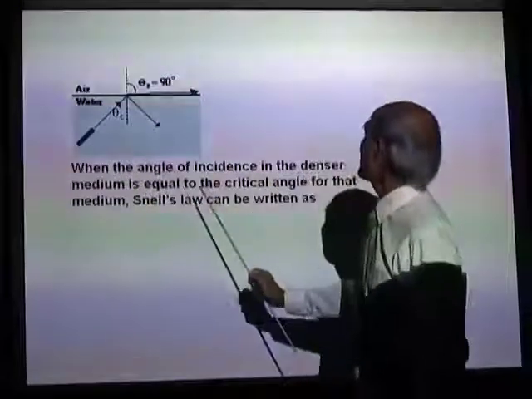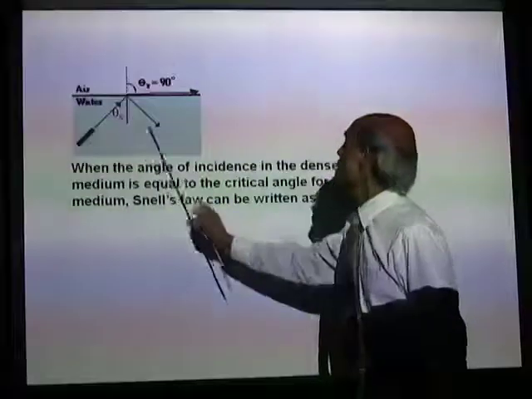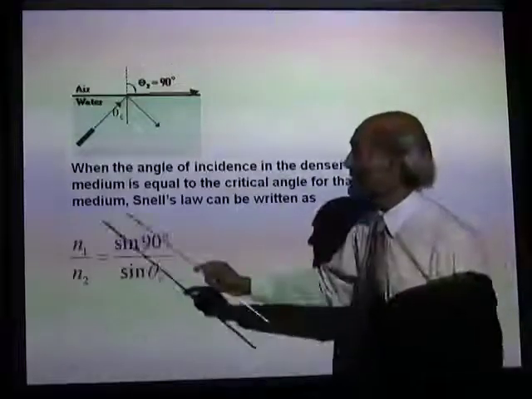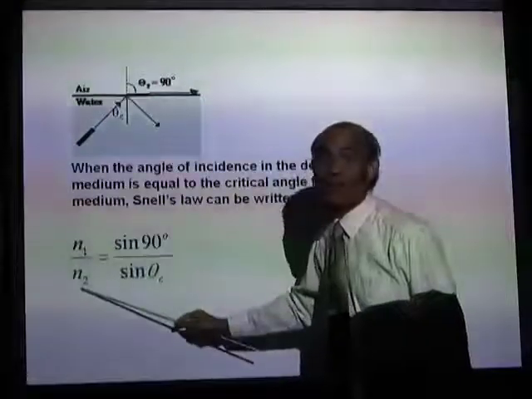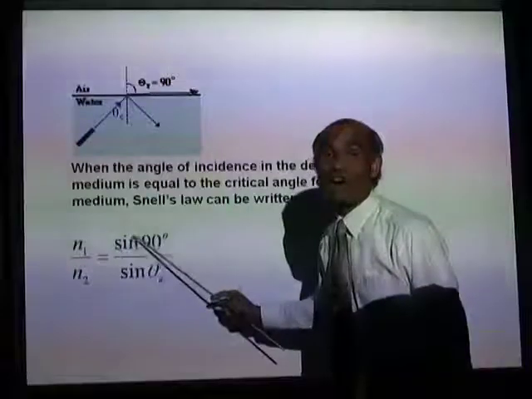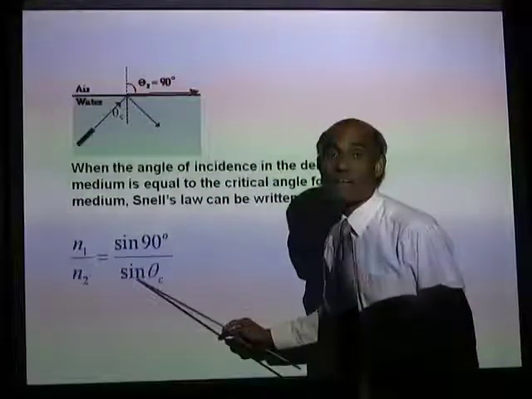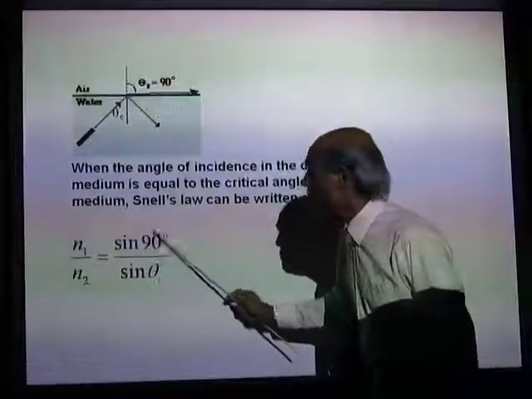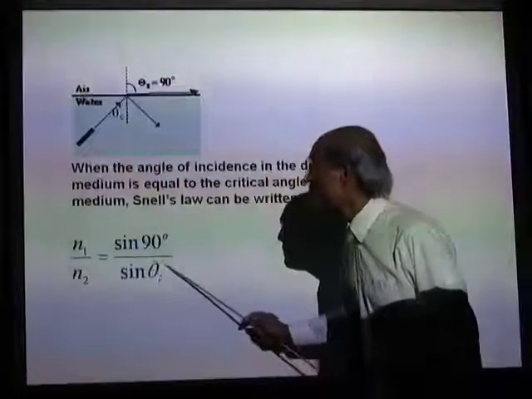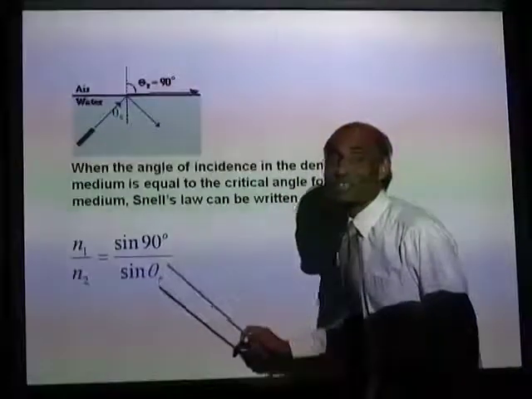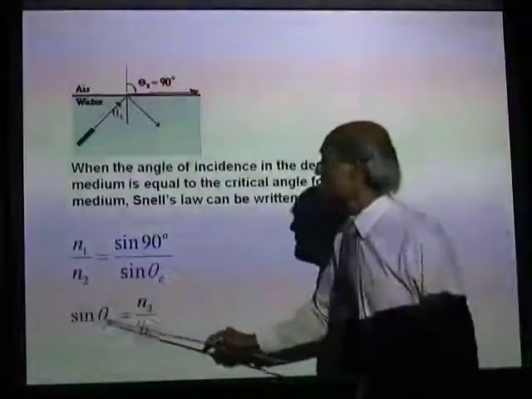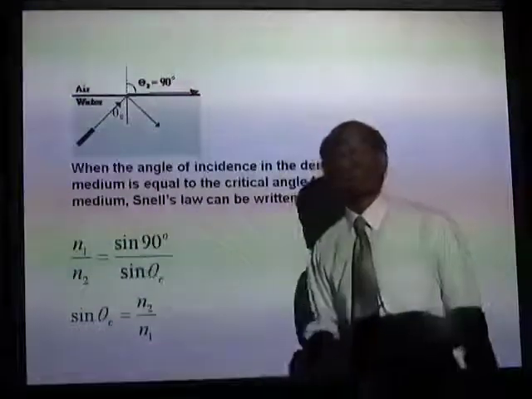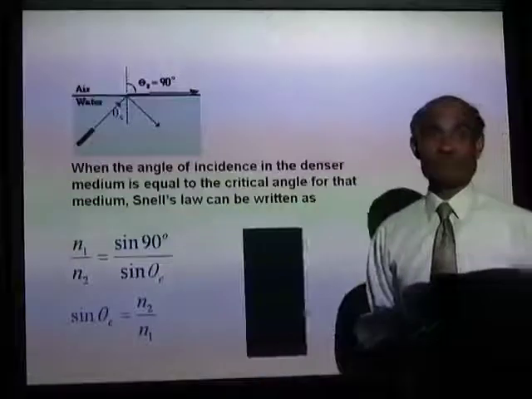When the angle of incidence in the denser medium is equal to the critical angle, Snell's law can be written as: n1 divided by n2 is the sine of the angle of refraction divided by the sine of the angle of incidence. When the angle of refraction is 90 degrees, the angle of incidence is the critical angle theta c. Therefore sine theta c equals n2 over n1, because sine 90 is 1.